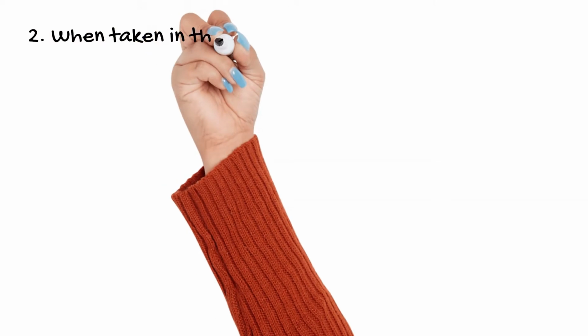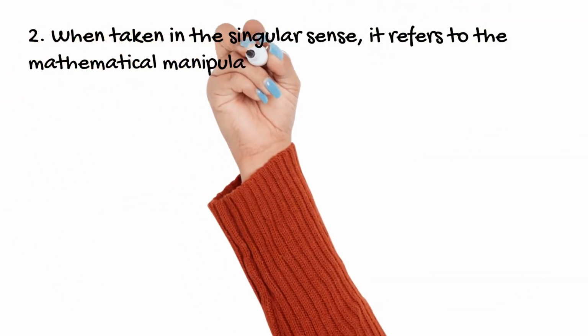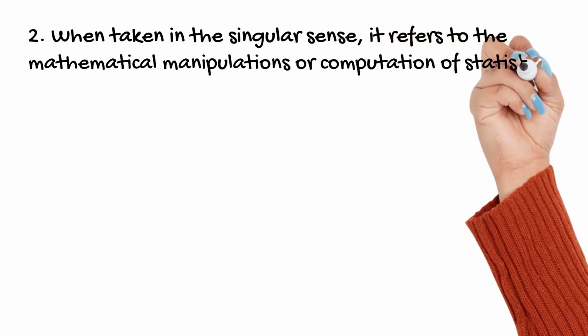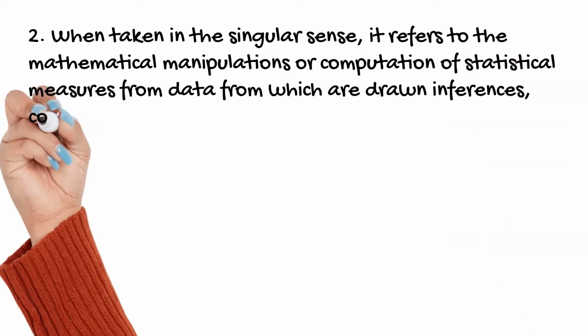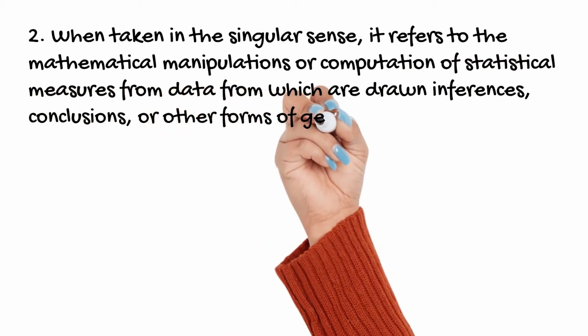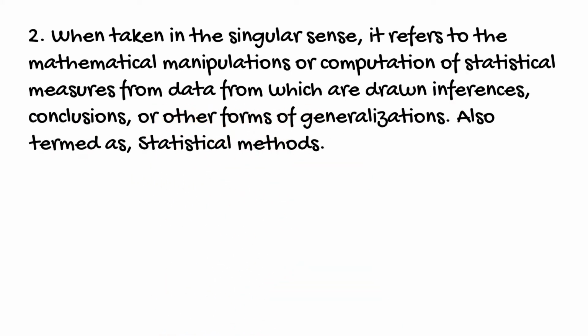Number 2. When taken in the singular sense, it refers to the mathematical manipulations or computation of statistical measures from data, from which are drawn inferences, conclusions, or other forms of generalizations. It is also termed as statistical methods.